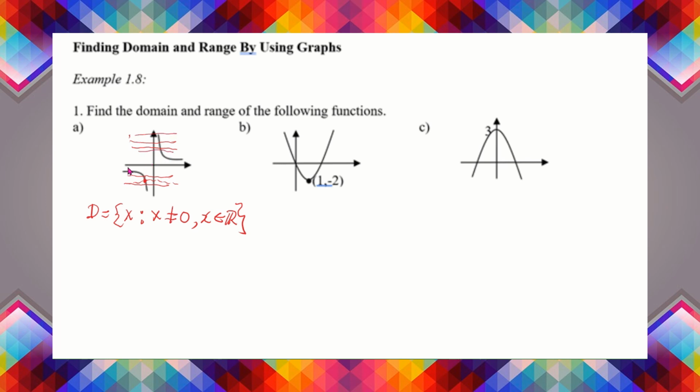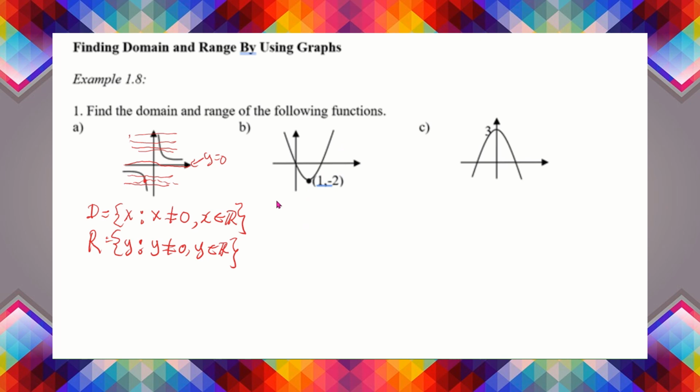But except one value, where the horizontal straight line does not intersect with any part of the curve, and that is y equals 0. So the range of this function is y where y is not equal to 0. Other than that, all values of y are the range.